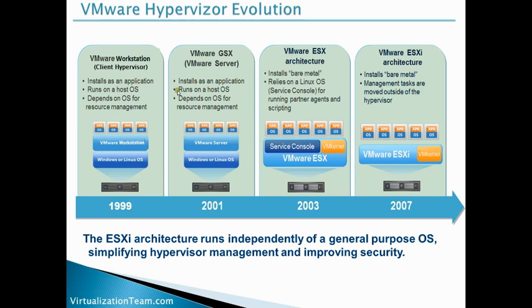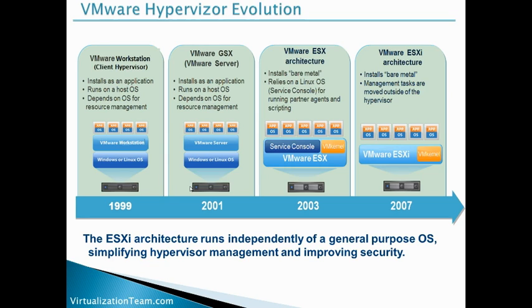The next hypervisor, introduced in 2001, was VMware GSX, which was later renamed VMware Server. The main difference between VMware GSX and VMware Workstation was that it was running as a service, so more than one user could use it. It had a web interface that multiple users could access the machine remotely from.